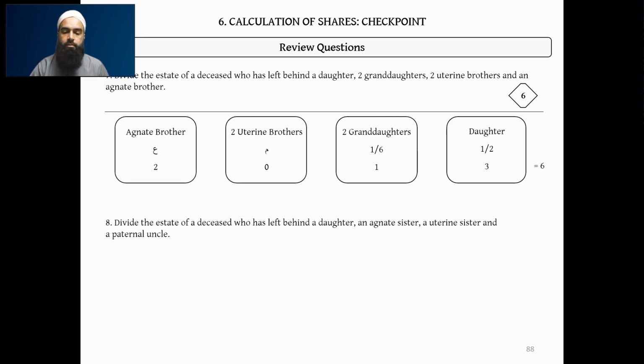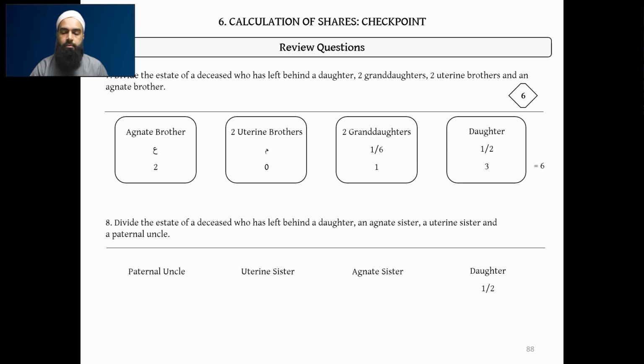Question number 8. When there is a daughter, agnate sister, a uterine sister, and a paternal uncle. So you write it out: daughter, agnate sister, uterine sister, and paternal uncle. Now to reveal the answer, daughter again receives a half.